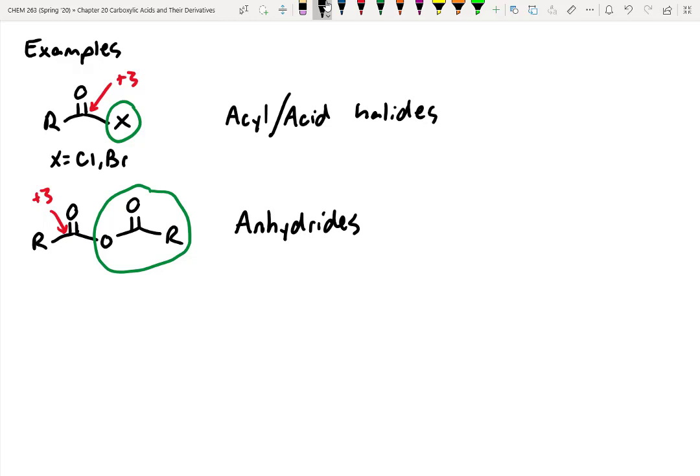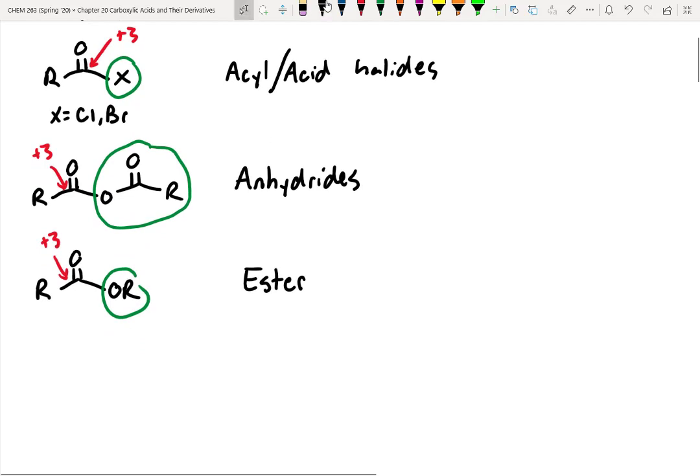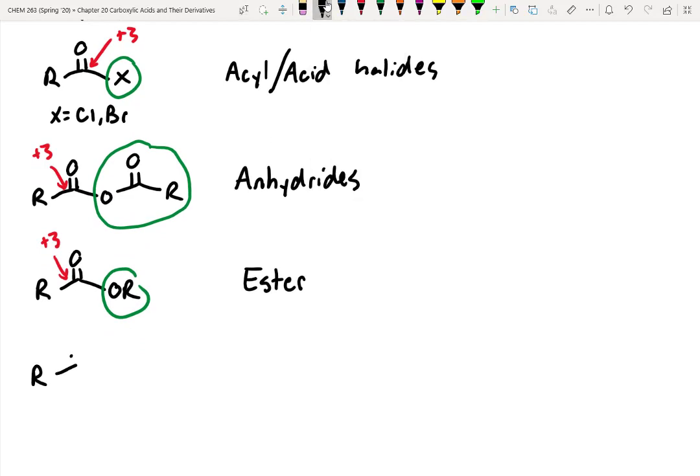All right, the next one that again has an electron withdrawing group, something like this, where we have an ester. And just like in the above examples, we have a +3 oxidation state. Furthermore, we can have nitrogen derivatives. So what if we have some sort of nitrogen group coming off the edge here?